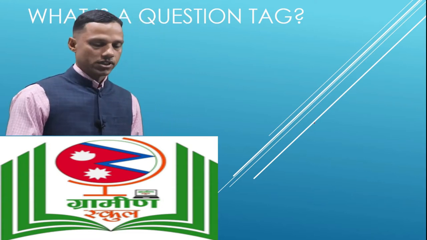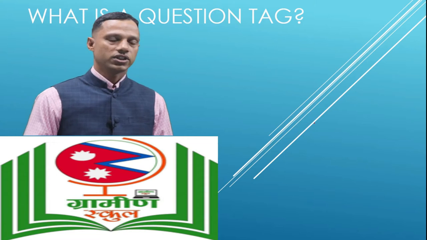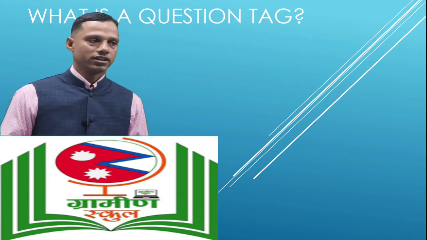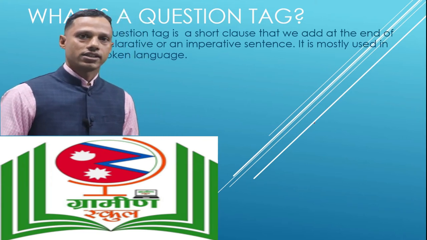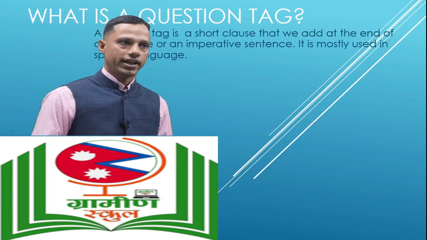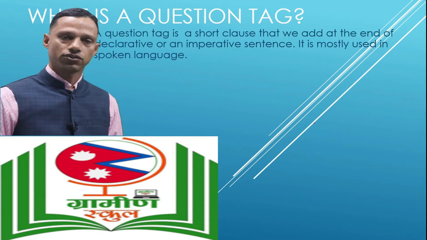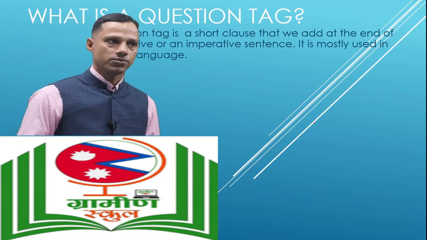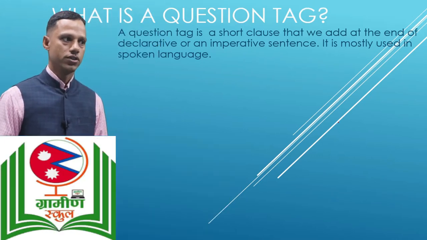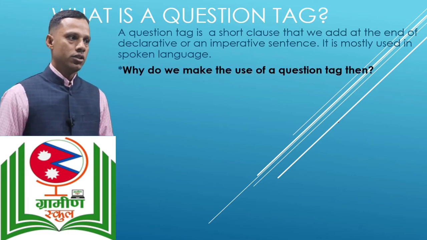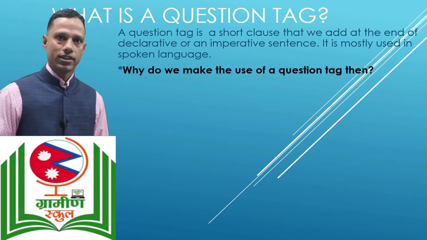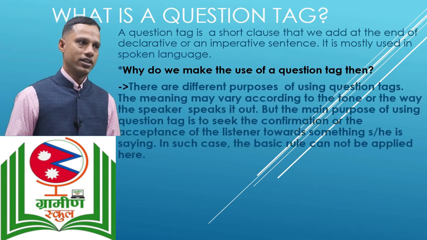Okay, first of all, let's see what a question tag is. A question tag is a short clause that we add at the end of a declarative or an imperative sentence. It is mostly used in spoken language. Why do we make use of question tags then?